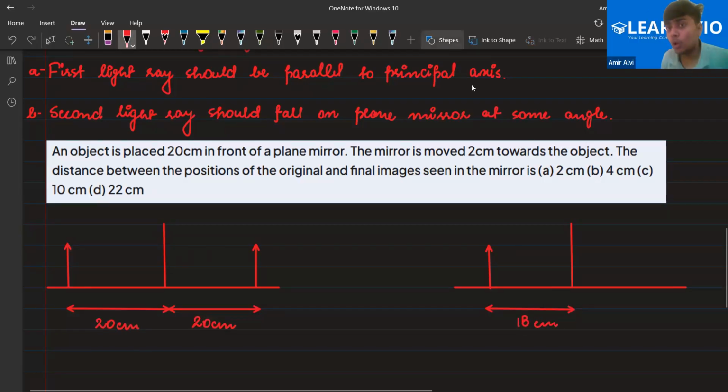So the image formed will also be on the other side at 18 centimeter, yes or no, everyone? Yes, sir. So in that case, could you please tell me the difference between the original image and the final image, how much it has moved?